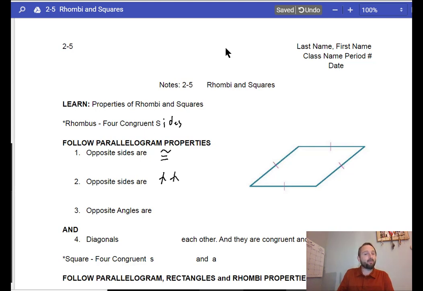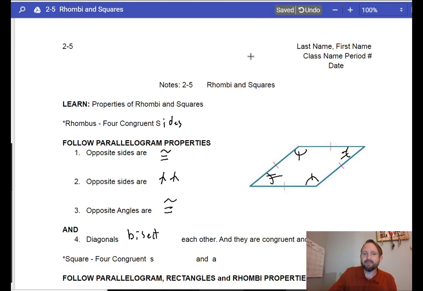And opposite angles are congruent. And finally, the diagonals bisect each other, and they are congruent.